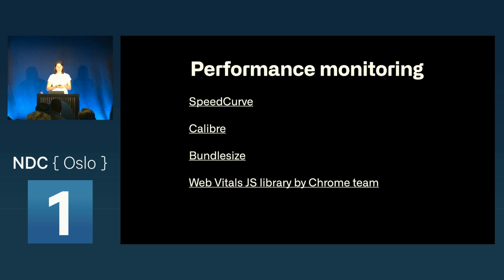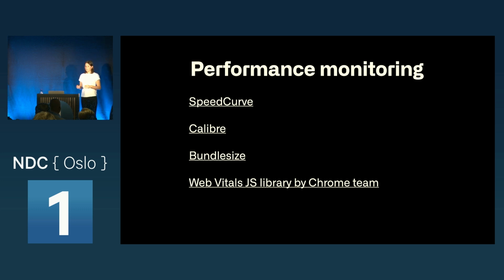So you want to set up some sort of monitoring or some sort of guard. There are many tools. The ones I personally think are beautiful: SpeedCurve and Calibre for having a great overview over time of what's going on with the metrics. Bundle size is super easy to set up. You just add how big the assets should be in your opinion. For example, I don't want my JavaScript to go over 1 megabyte.